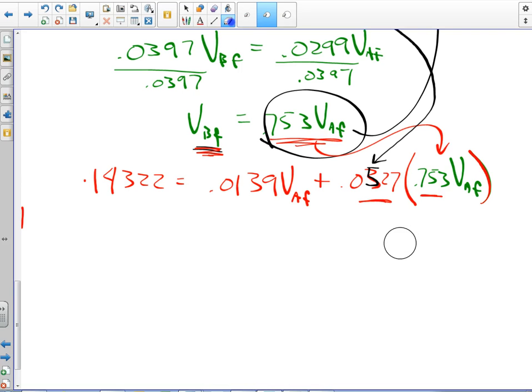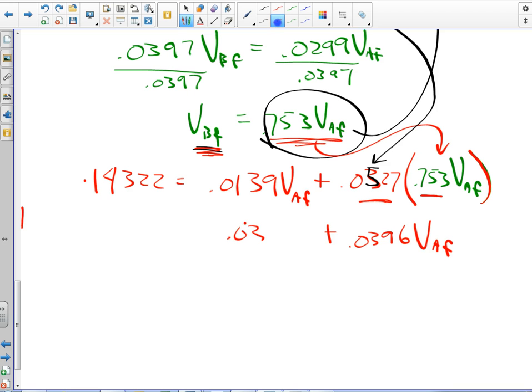There you go. Now, let's pick it up from there. So let's see if I get this right. 0.0527 times 0.753. That's going to get me 0.0396 VA final. Positive. Plus 0.0139 VA final equals 0.14322.